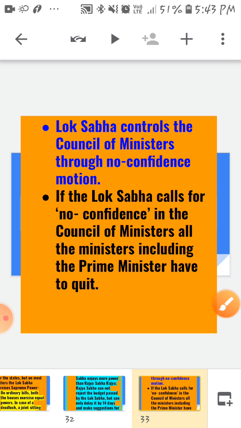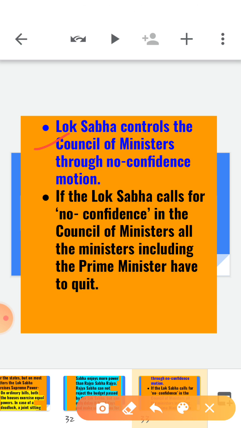Now, next, most importantly, the Lok Sabha controls the Council of Ministers. Only a person who enjoys the support of the majority of the members in the Lok Sabha is appointed the Prime Minister. Now if the majority of Lok Sabha members say they have no confidence in the Council of Ministers, what happens?